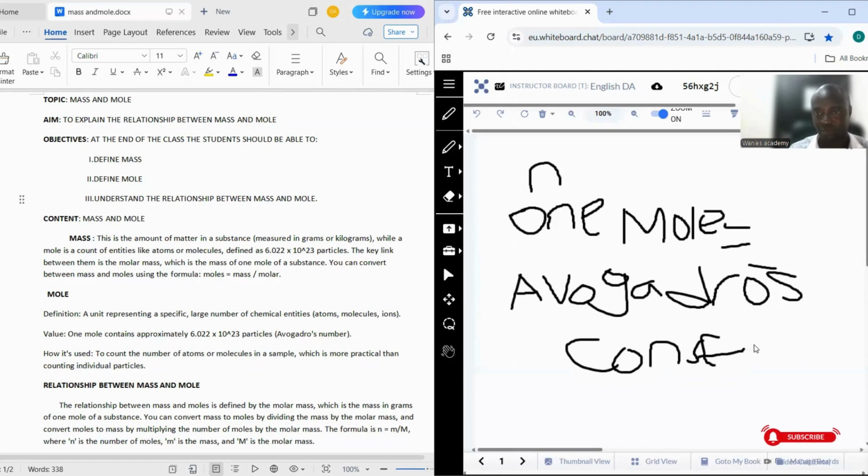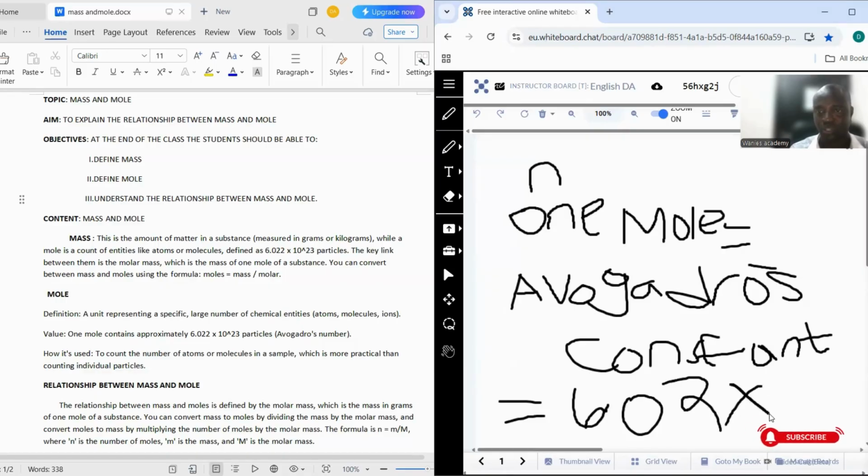All right. The numerical value of the Avogadro's constant is 6.02 times 10 raised to the power of 23 particles, where the particle can be an atom, molecule, or ion.